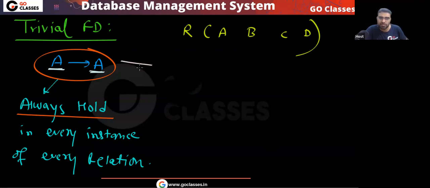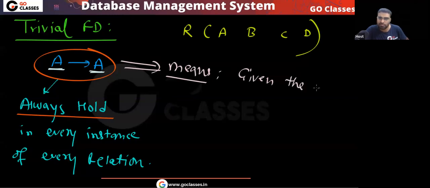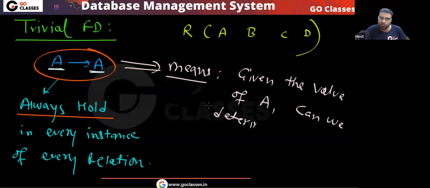See what this means: given the value of A, can we determine the value of A?